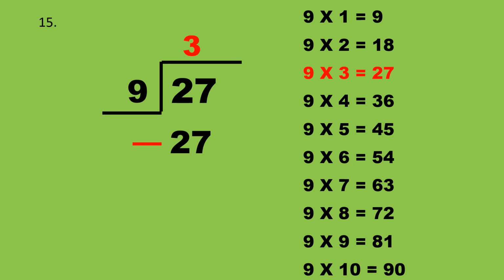Yes, minus sign. Then the next step is we will put lines, one line here and the other line here. And 27 minus 27, yes, 0. So when we subtract the same numbers, the answer will always be 0. Okay, understood, children? Now the next question.